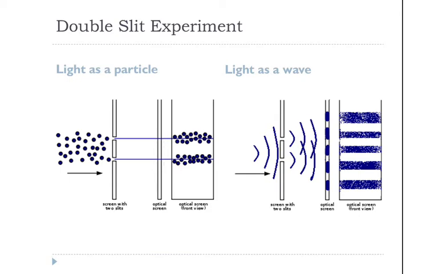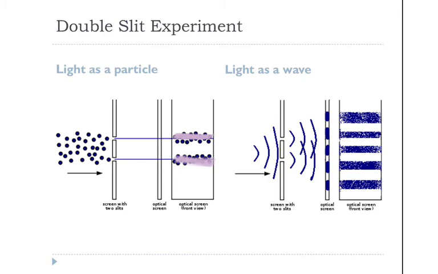If we keep track of the journey of a specific photon, we could see it goes through the bottom slit and makes a mark. If we let this go photon by photon, we'll end up with two lines on the screen, indicating that photons went through one of the slits, hit the optical screen, and we could keep track of them.